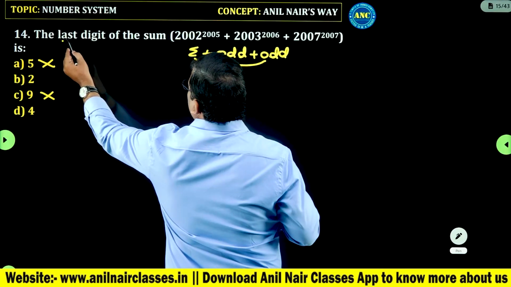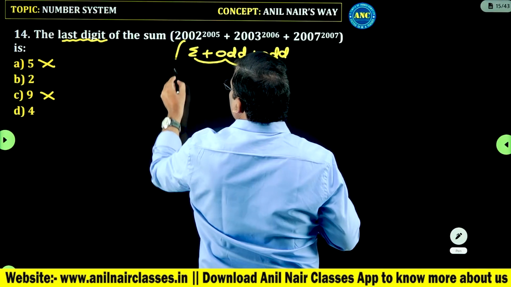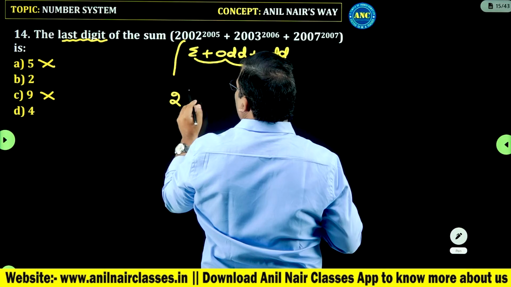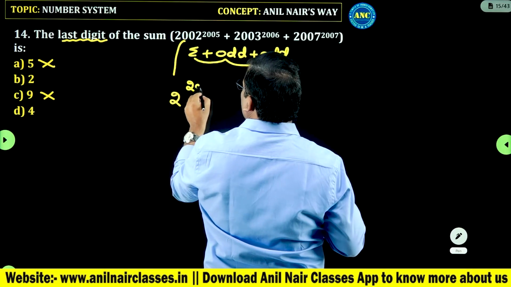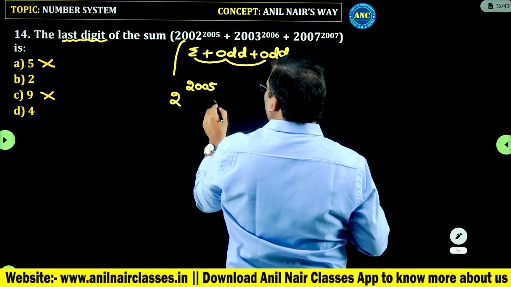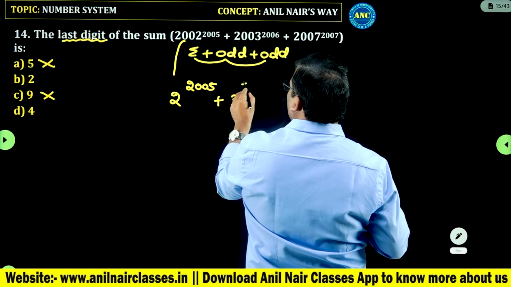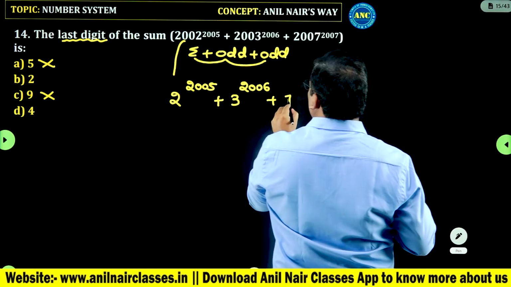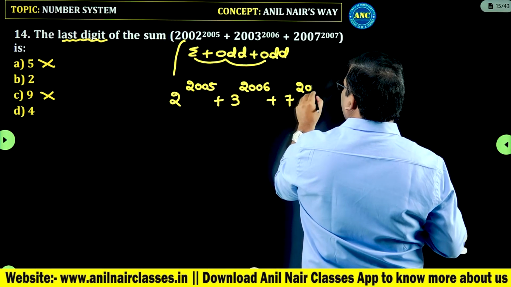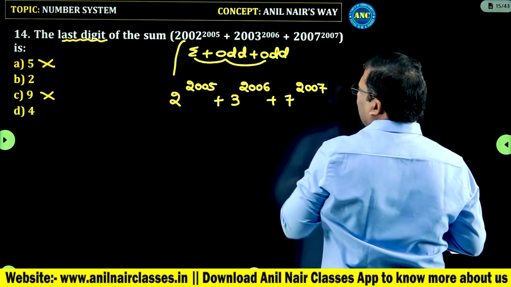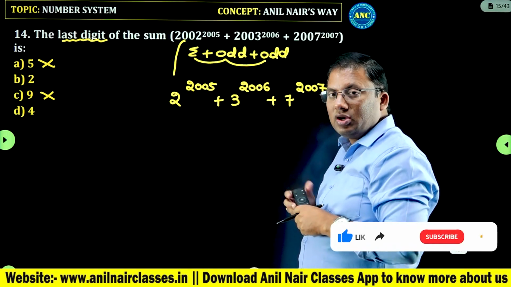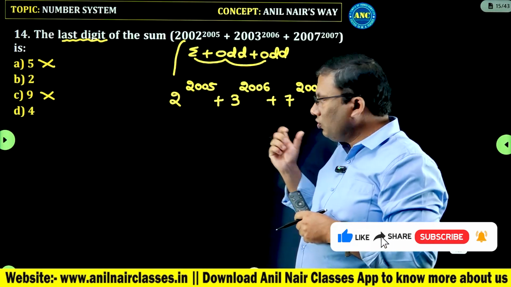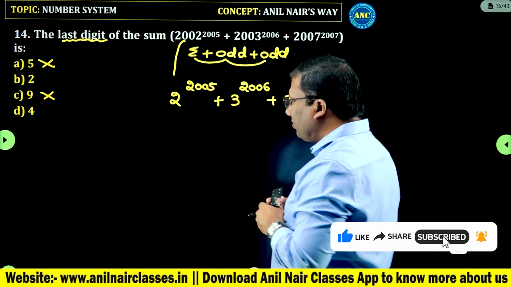Since he is asking for the unit digit, 2002 gives 2. So it is 2 power 2005 plus 3 power 2006 plus 7 power 2007. Till here it is clear. We are only finding the unit digit. So what is the concept?